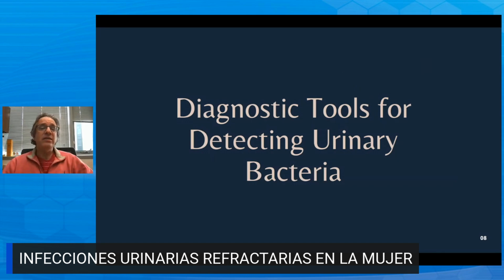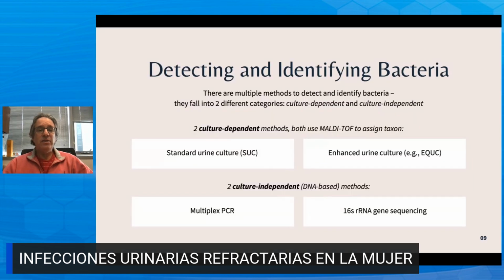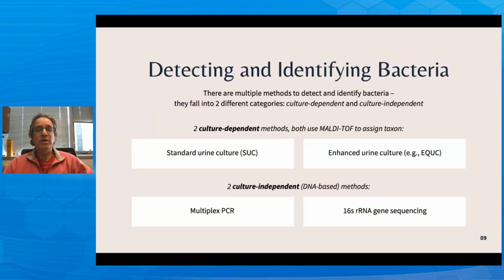So here are some diagnostic tools for detecting urinary bacteria. We're going to use several of them in the work that we've done over the past several years. There are two basic culture-dependent methods. The standard urine culture test, that's the Clin Lab test, and then an enhanced culture test designed to grow most of the bacteria that can be sequenced out of standard urine culture negative samples.